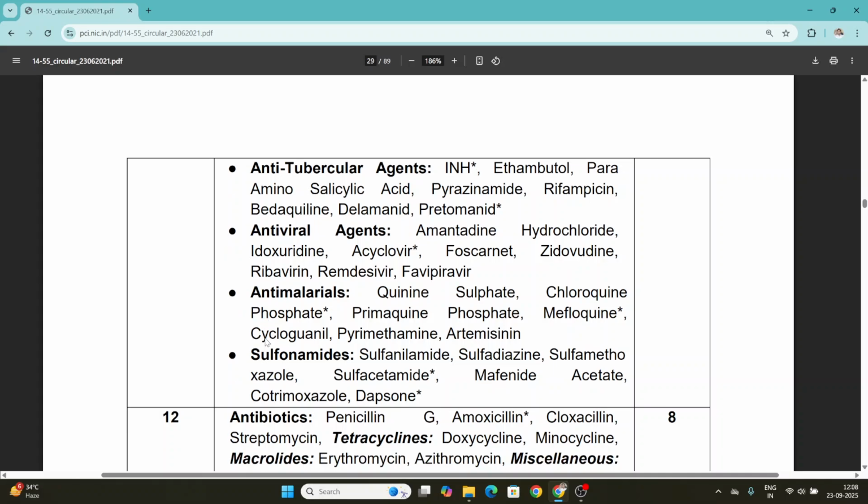Antiviral agents: amantadine hydrochloride, idoxuridine, acyclovir, foscarnet, zidovudine, ribavirin, remdesivir, favipiravir.